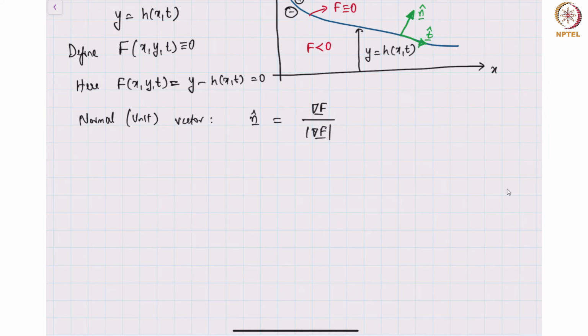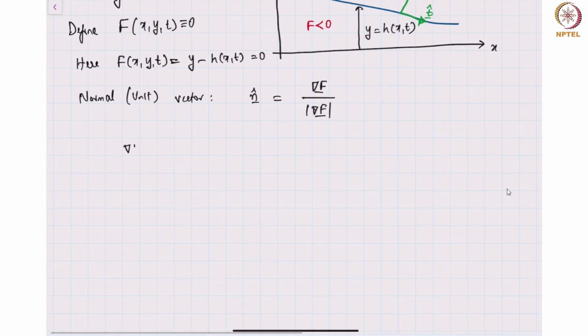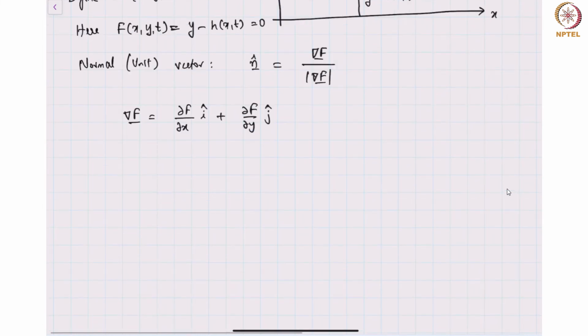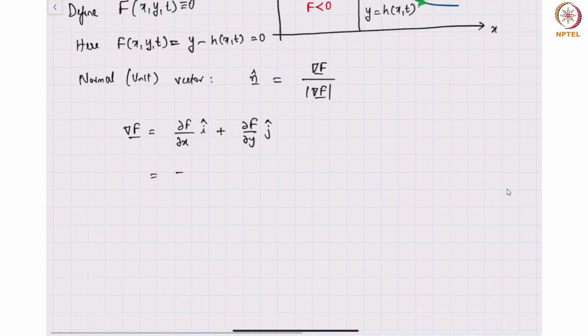That's basically my normal vector, and I can easily calculate the gradient of F. Gradient of F is del F by del x i hat plus del F by del y j hat, where i and j are the unit vectors in the x and y directions. Del F by del x can easily be determined, that is minus partial h by partial x.